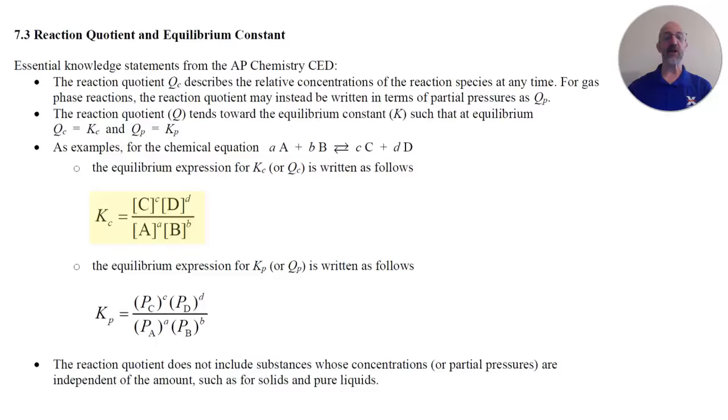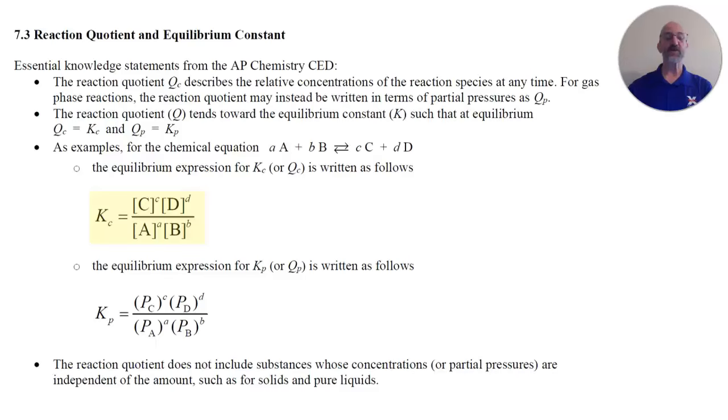The concentration of the product C raised to the power of its coefficient times the concentration of product D, also raised to the power of its coefficient, and then divided by the product of the following. The concentration of substance A raised to the power of its coefficient times the concentration of substance B, again raised to the power of its coefficient.